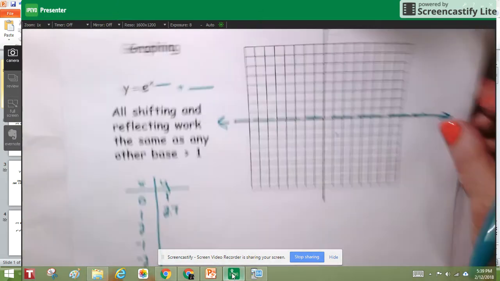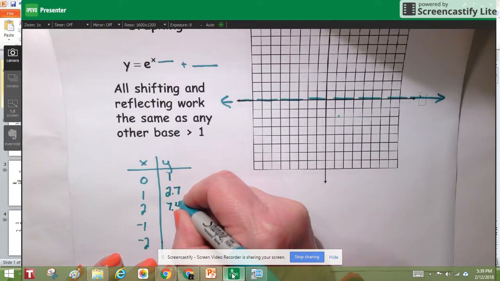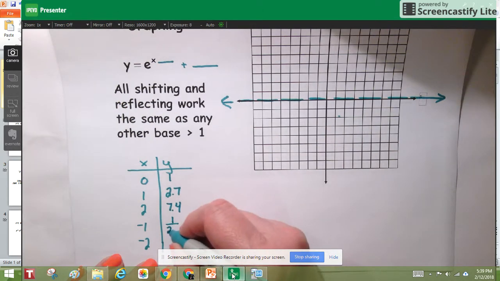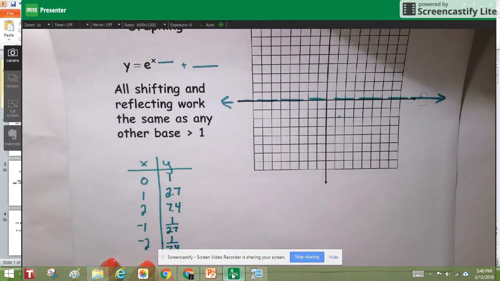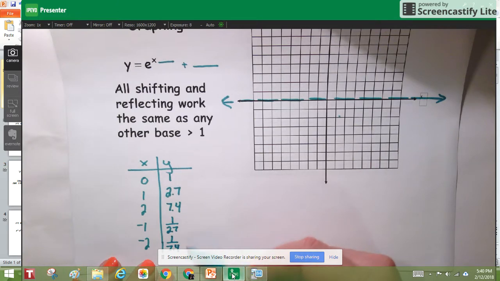E squared, we saw when we put it in the calculator, is about 7.4. E to the -1 is just going to be 1 over 2.7, and e to the -2 is just 1 over 7.4. I'm just going to be estimating these values on my graph, so I don't really care exactly what these decimals are. I just know that it's going to get me closer and closer to my asymptote.